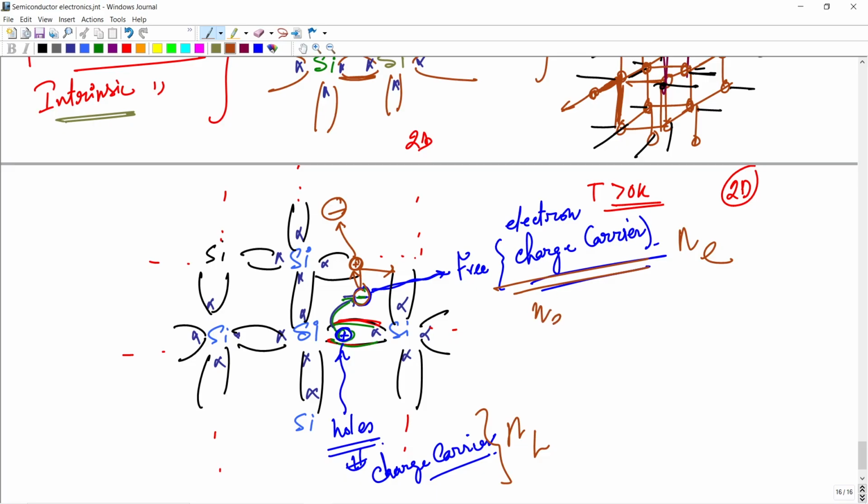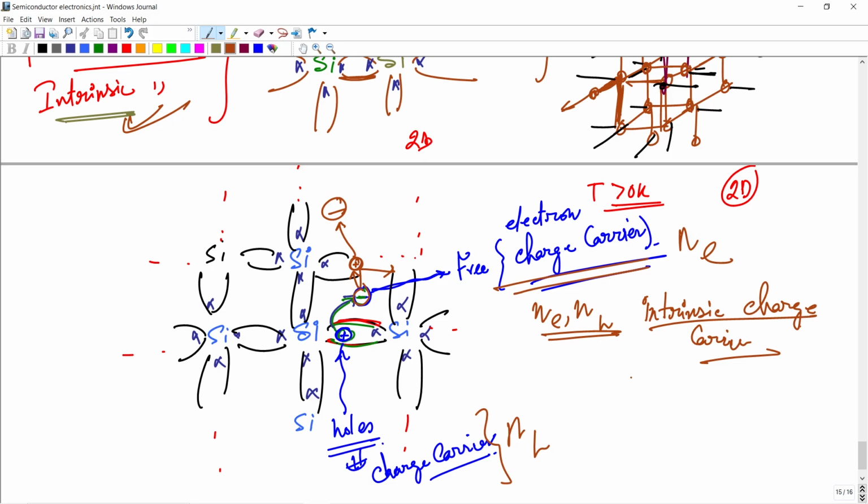So Ne and Nh are called intrinsic charge carriers, because the semiconductor is an intrinsic, pure semiconductor. So now we get Ne equal to Nh, both the same in a pure semiconductor, and that is also equal to Ni.